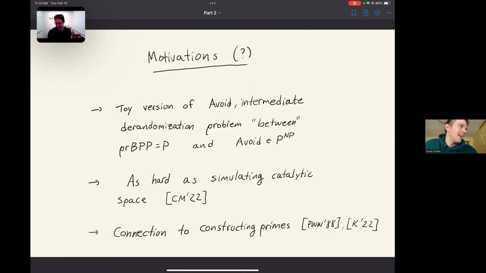You're given n, the number of bits, and the goal is to produce an n-bit prime number, say bigger than 2 to the n minus 1. This problem reduces to range avoidance; for certain technical reasons it falls in an even easier class. But we don't know a polynomial time algorithm for this, a deterministic construction.